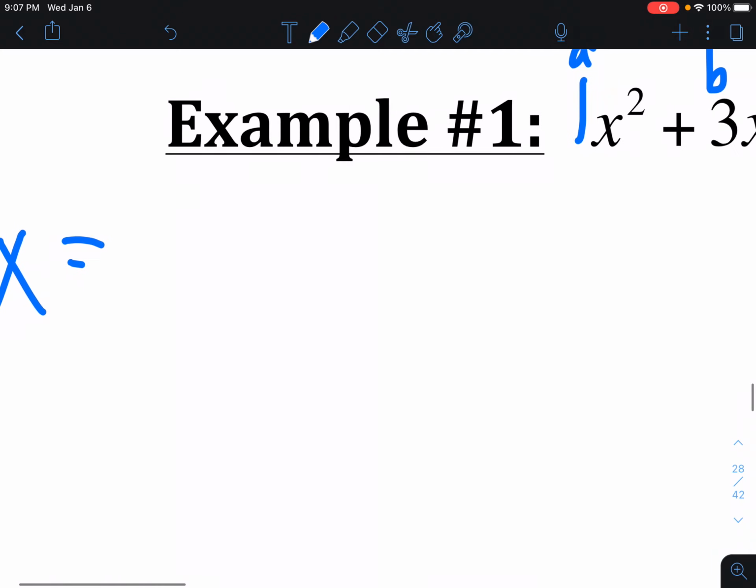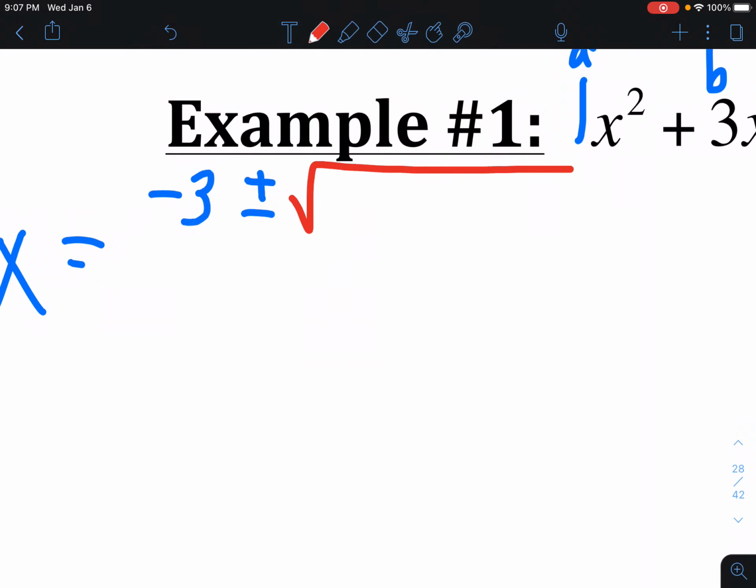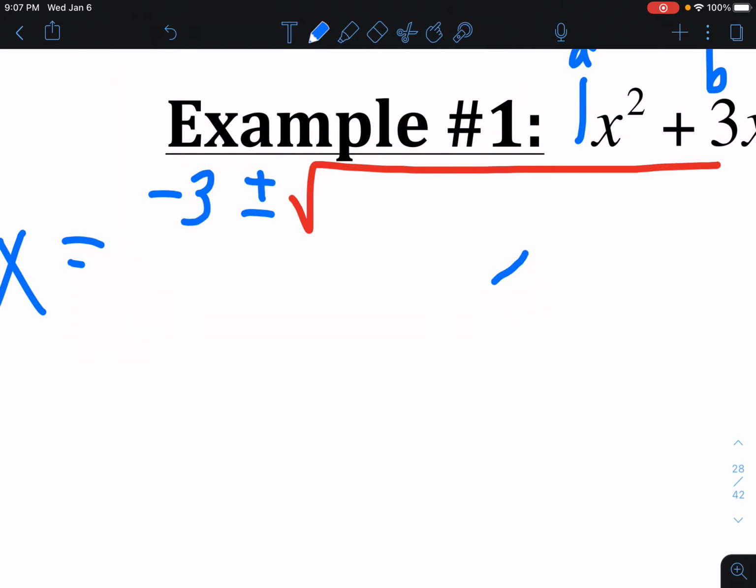So negative b, so that would be negative 3, followed by a plus minus square root of b squared in the radical, so that would be 3 squared. Please make sure you're using parentheses when you're doing the b squared.